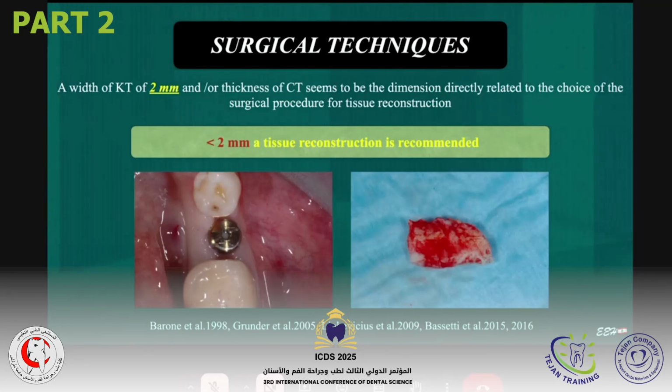So when we have a tissue of less than 2 millimeters, it's absolutely recommended to increase the width and the height of the gingiva.